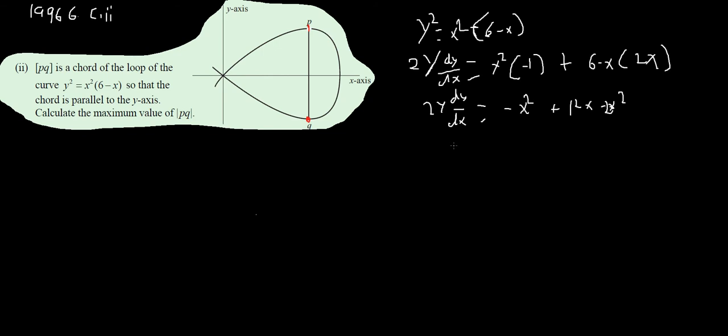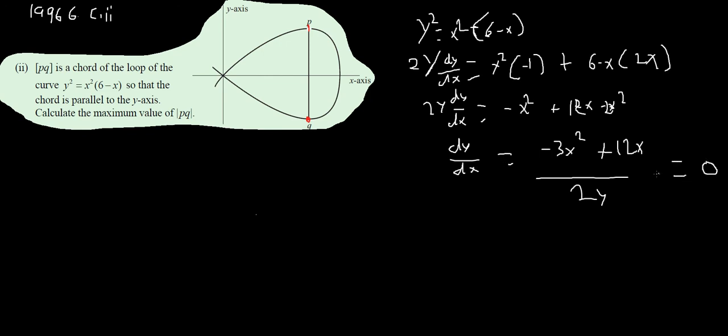Divide by 2y to get the derivative on its own. dy dx is equal to negative 3x squared plus 12x over 2y. Now, if we're going to find when the slope is equal to 0, we'll just set this whole equation equal to 0, and this whole equation is then equal to 0 when the top bit is equal to 0. So we've simplified it quite a bit.